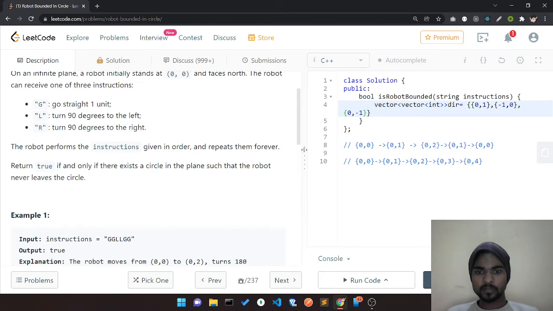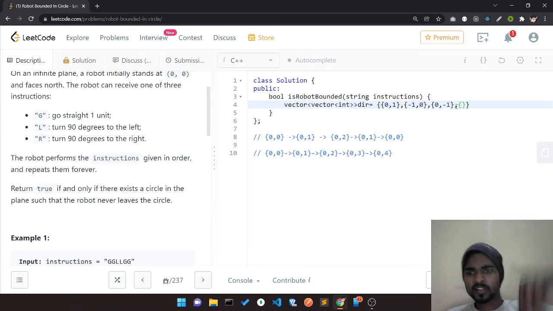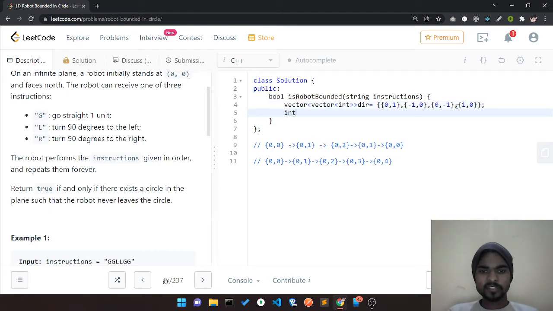Okay, let me enlarge the size a little more. And how can I represent my downside direction? It's obviously 1 comma 0. That's my direction.